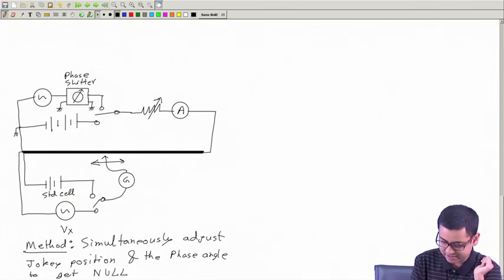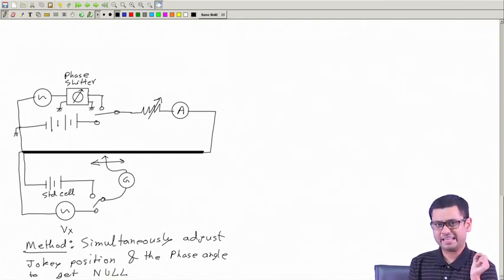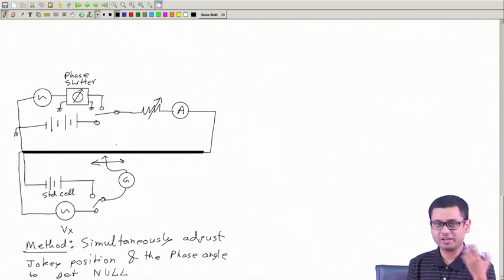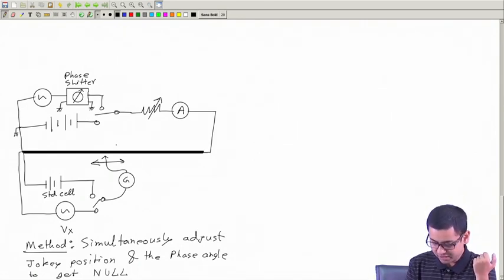So it is like a trial and error method. You have to simultaneously move this jockey and change this phase angle. It's a bit practically difficult, two things you have to change together, but that's the process. So you have to change these two until you get the balance.